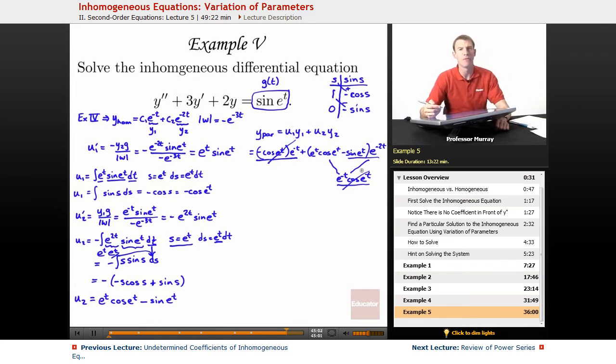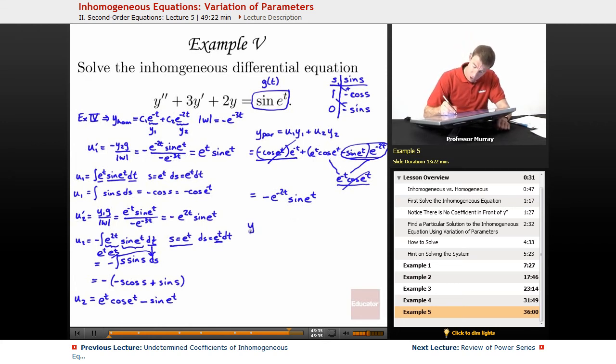This is pretty common in variation of parameters. You'll get two terms that cancel each other out in some funny way. It's not always obvious why that happens, but it's nice when it does. So the only term I have left here is coming from these two factors. So minus e to the negative 2t times sine of e to the t is the way it simplifies down there. So that's my particular solution.